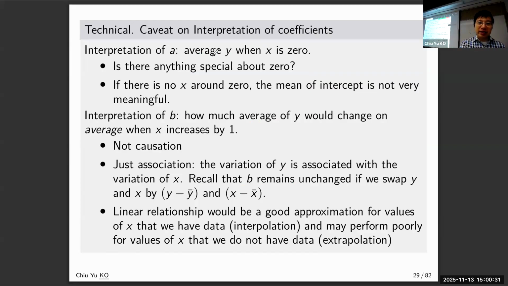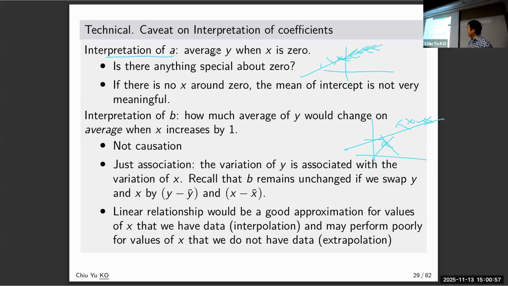So the first one is A, the intercept. Just to make sure you know that the intercept will only be meaningful if your data have a lot of data around x equals 0. Suppose the data is here. You draw a line there, and this A is not very meaningful, because you extrapolate a lot, right? There's no data there. If a lot of your data is very close to it, when you draw it, this A will be meaningful.